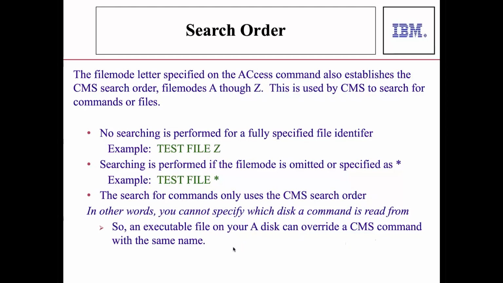Whether you did that intentionally or unintentionally, it can cause some confusion. Maybe you want to override a CMS command and do something different, but maybe you don't. So you can't force the system to necessarily run the commands off the system disk, as it should be. It could use something that it finds earlier in the search order. That's why the search order is important.